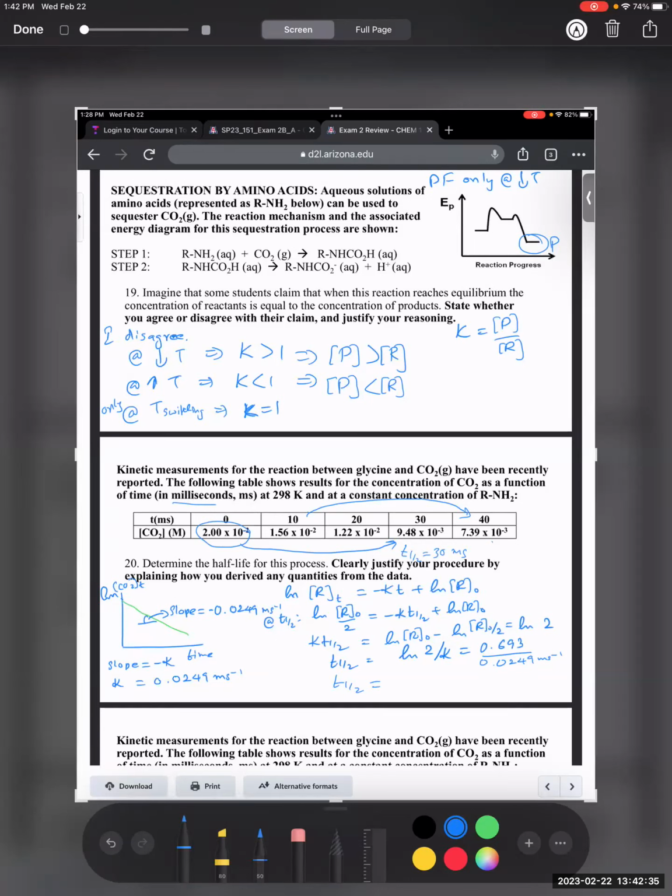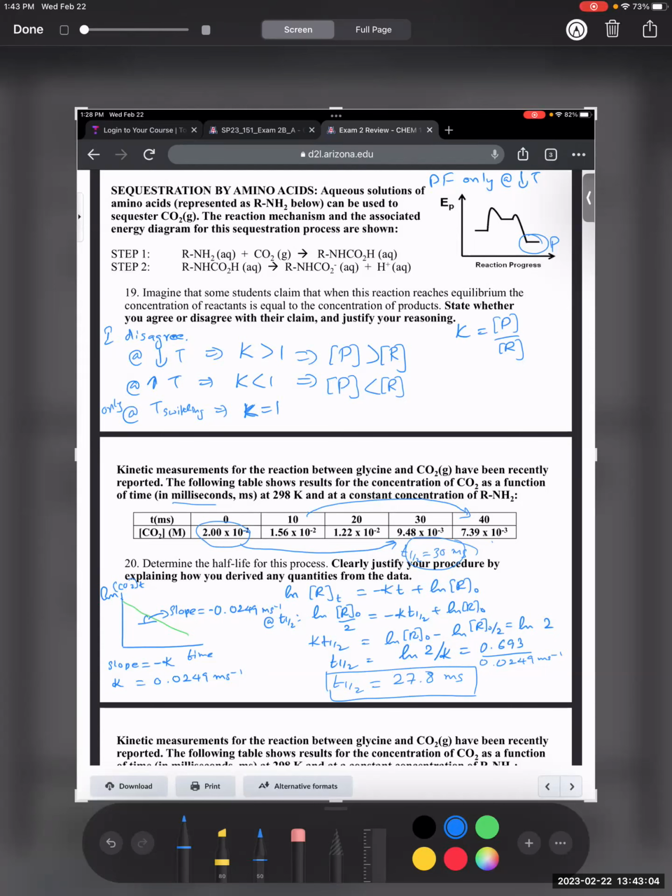I think it's right. 27.8 milliseconds is your half-life. All right, so we estimated that to be around 30 milliseconds before, so it is pretty close to that. So that's the half-life.